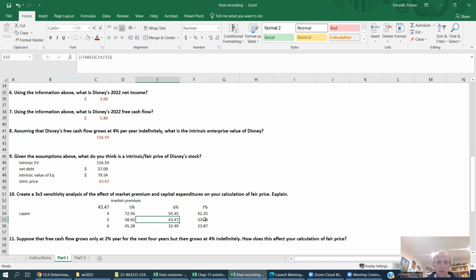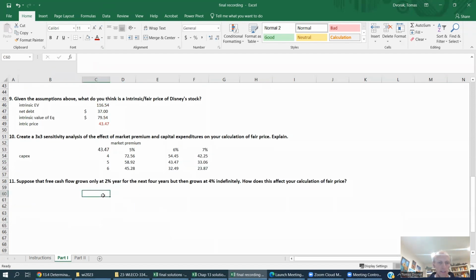If I assume a higher market premium, more risk, I discount at a higher rate, then the fair price is actually a lot lower. If I assume more capex, then I have less free cash flow, and the price will also fall. All right, fantastic.